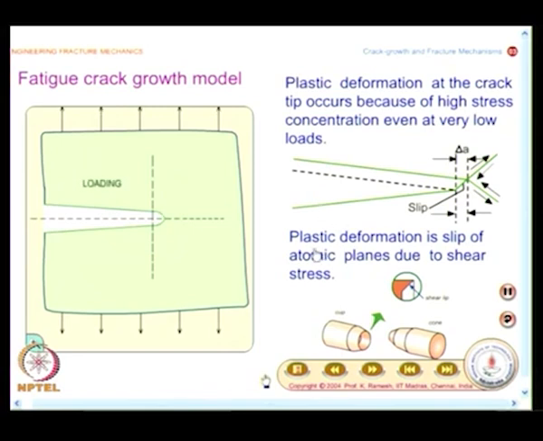You will have plastic deformation in the vicinity of the crack tip, which will cause slip of atomic planes due to shear stress. So, what will happen is this will slip and you will have extension of crack, and such a phenomenon can happen in complementary planes.